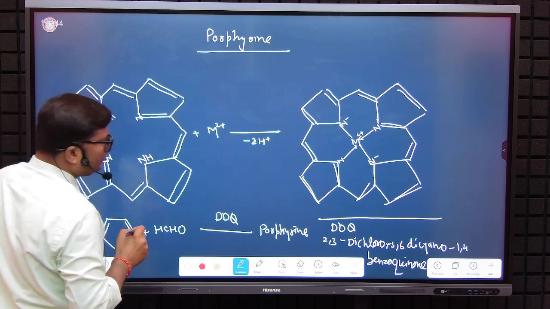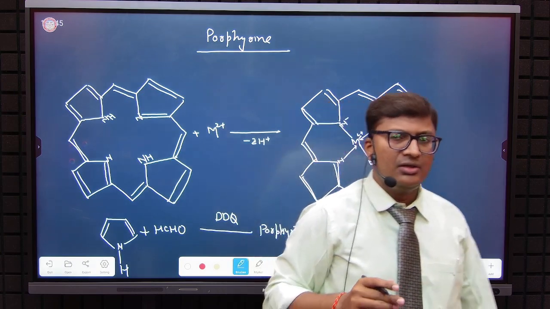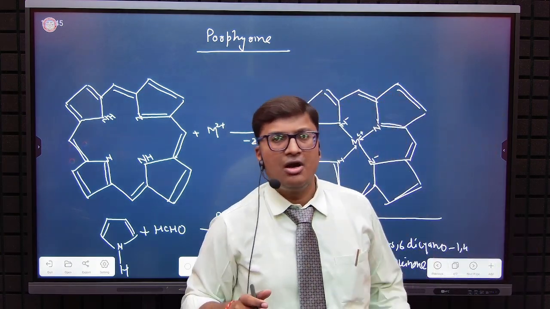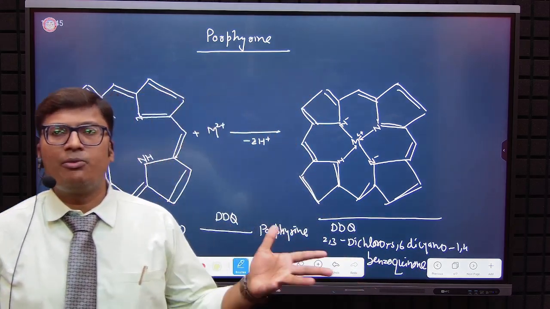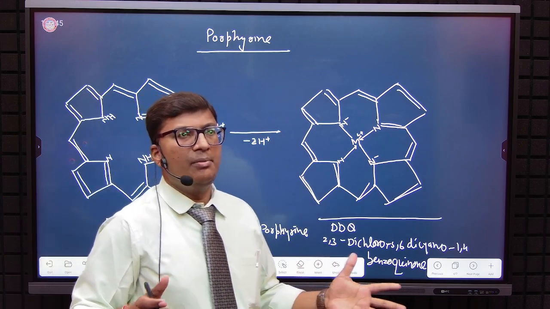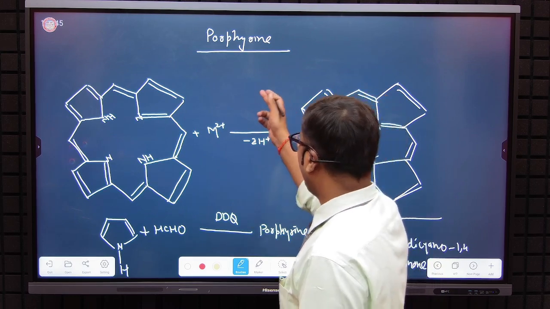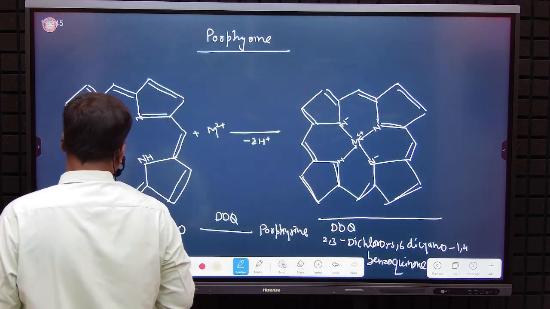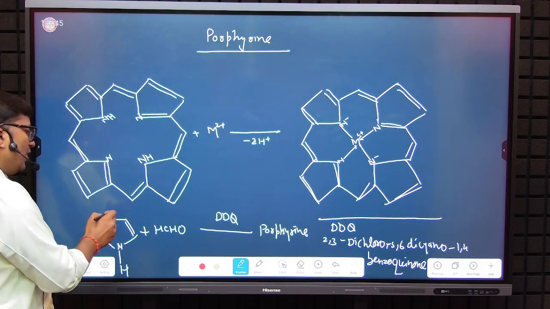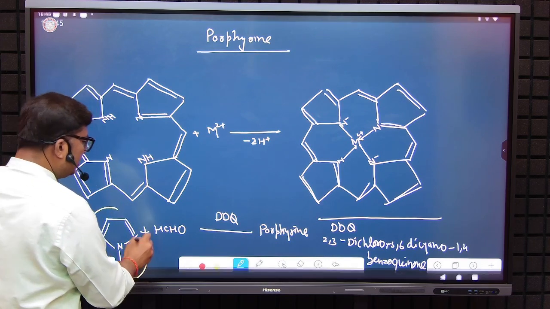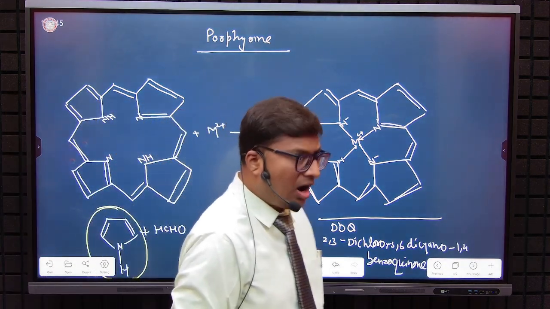So in this particular porphyrin structure, nitrogen is a hard donor, so it prefers to form complexes with hard metal cations, right? So how is this porphyrin prepared? It is obtained from a pyrrole ring. This is pyrrole, that is an organic compound, and it is heterocyclic.